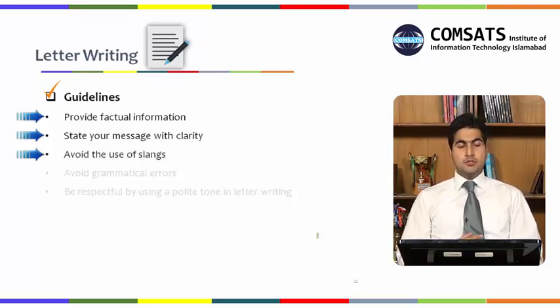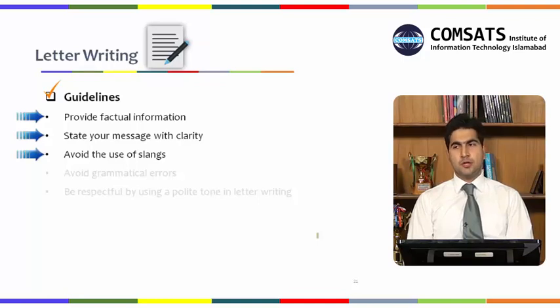Moving ahead, you have to avoid the use of slang. Slang means those words which can be abusive, harsh, very strong in their tone and their impact on your readers. Slang is going to change the tone of your letter towards the negative side, so it has to be avoided as well.